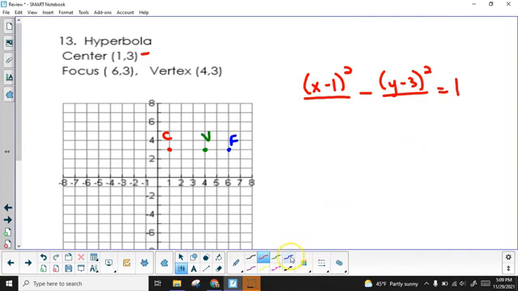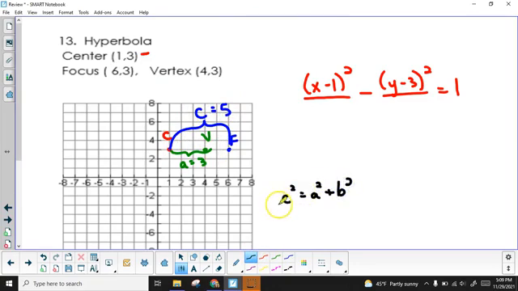Now to figure out that a and b, we need to really look at what we're given right here. The distance from the center to the vertex, this is our a value, which is 1, 2, 3. And the distance from the center to the focus point, that is our c value, which is 5. For a hyperbola, our a, b, c relationship is c squared equals a squared plus b squared.